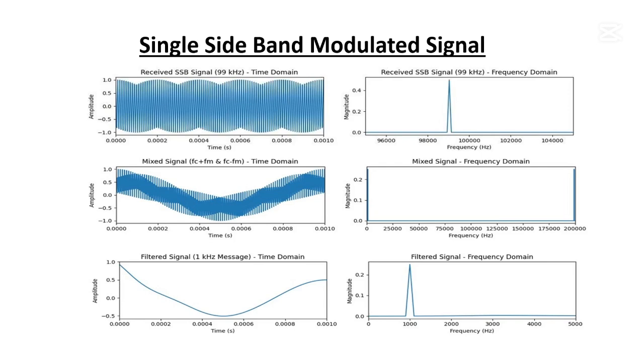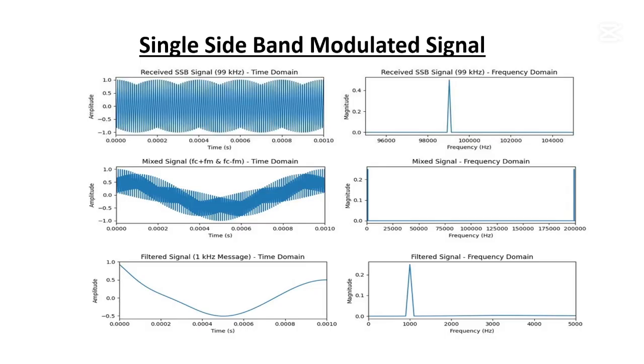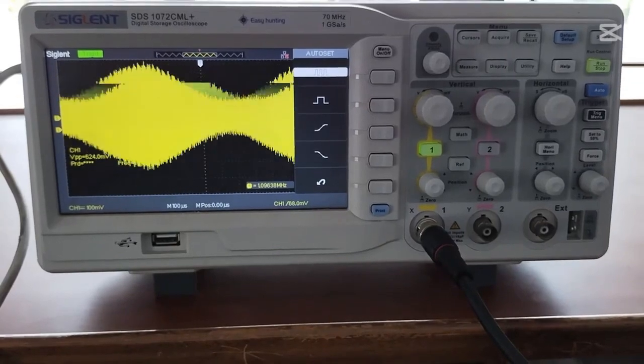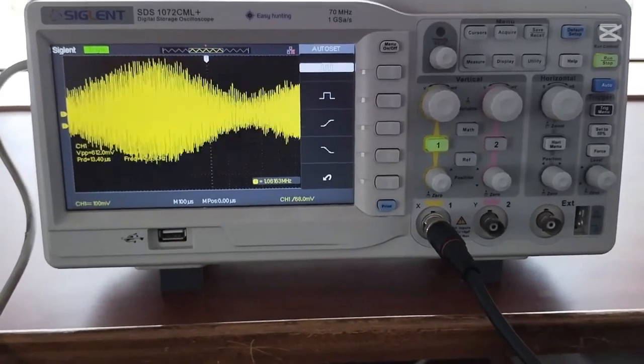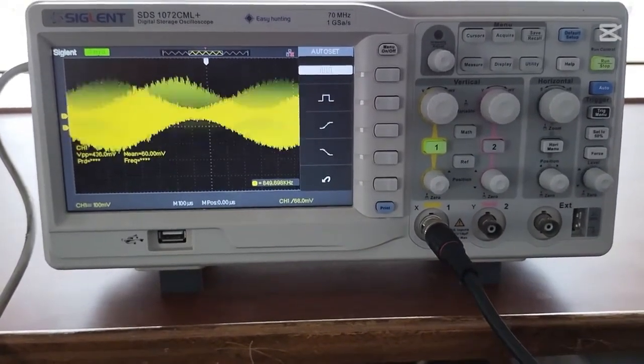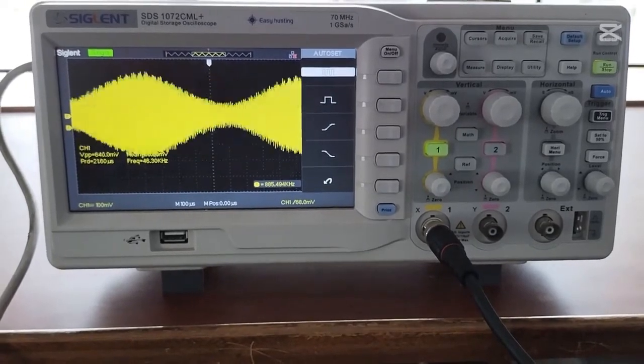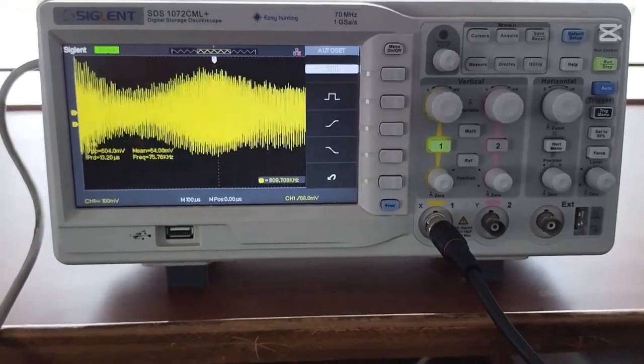And if you look at the graph in the oscilloscope, then you will see correctly what is actually happening here. So let's see it for a while. Okay, students, so this was the modulated signal that we have. And you can see there is some noise.